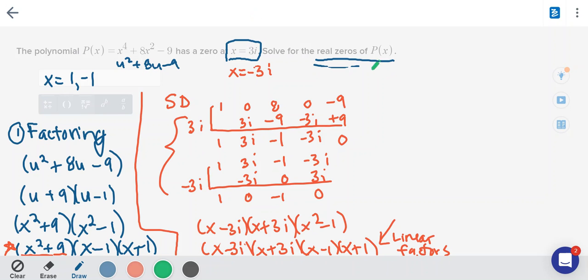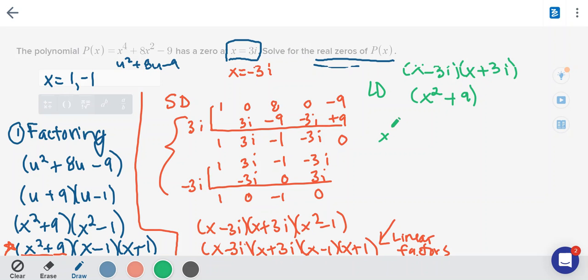Your other option is to do long division. But in order to do long division, you have to take your two linear factors and you have to FOIL them.